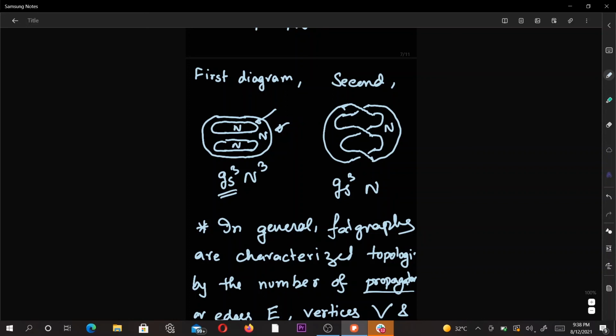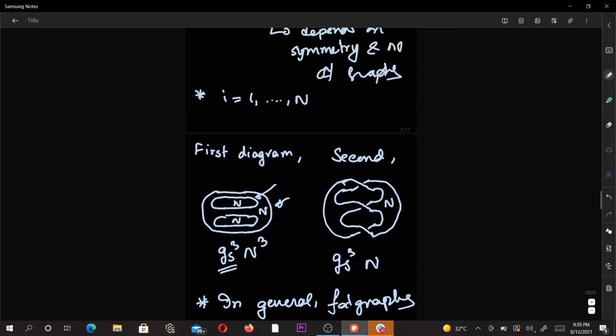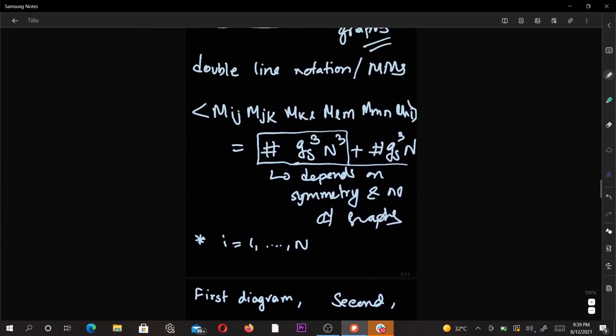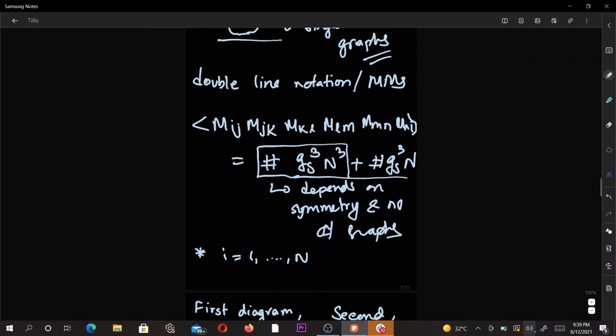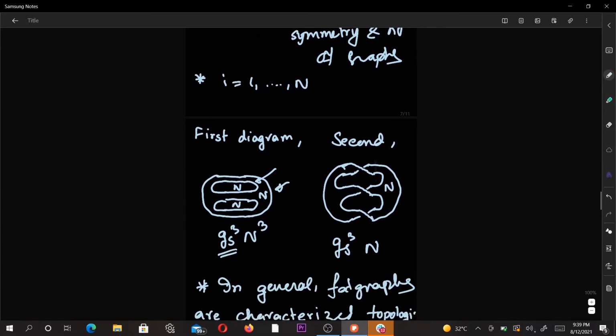How many edges, or how many propagators, does this one have? 3, right? 1, 2, 3. Same for the other. How many vertices? Of course, we are considering expansion at the second order, interaction at vertex of order 2. So you have 2 vertices. How many holes? Here we have 3, here we have 1.